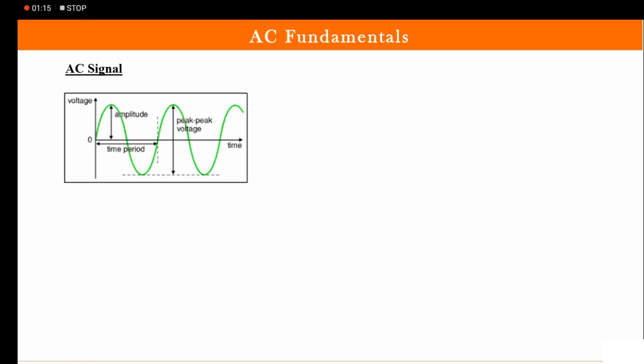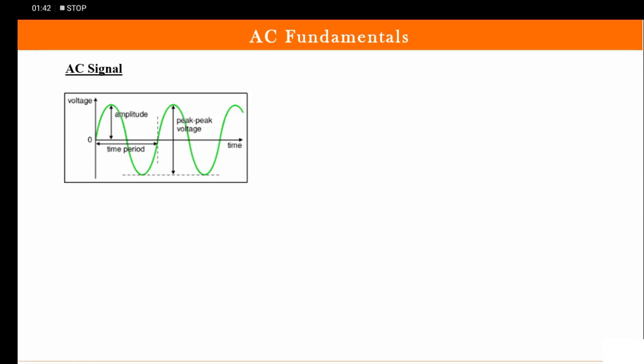Now first of all, what do you mean by alternating current or AC signal? Well, an AC signal is a signal whose amplitude continuously varies with respect to time, and it takes positive values as well as negative values, and it repeats itself after a regular interval.